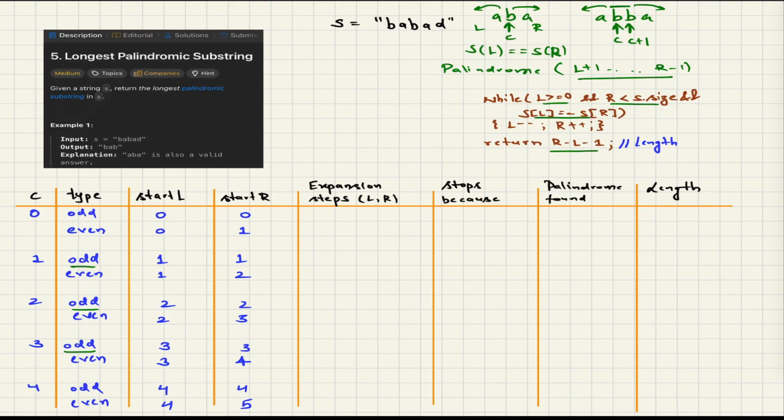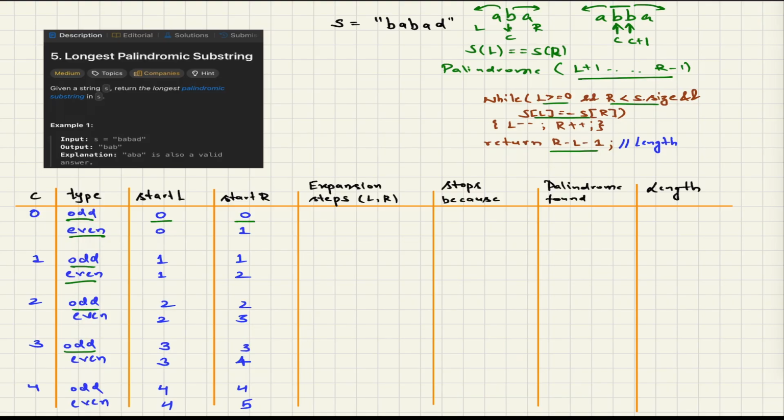So here I have explained why for C I'm taking the types odd and even, because by default we do not know if it is an odd-length or even-length palindrome. So we are gonna see if my center acts as an odd length palindrome or an even length palindrome, right? For odd length we just have to expand from one center.